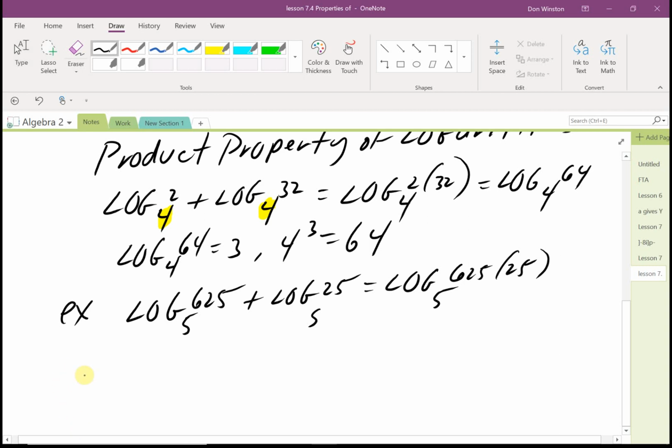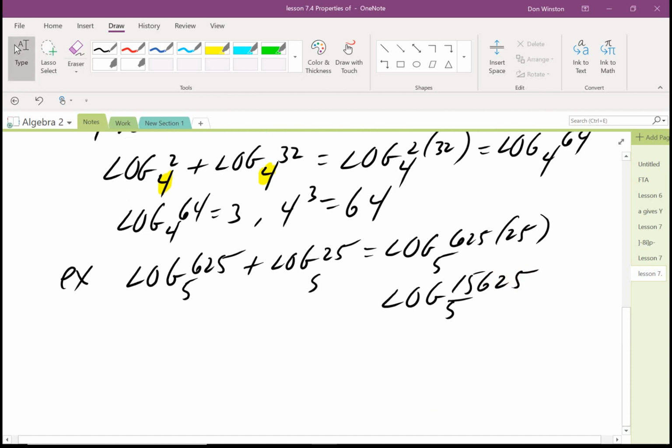And 625 times 25 would equal log base 5 of 15625. Now, I would know that right offhand, but I'll take a shortcut here. Rather than evaluating that, I'll just go ahead and evaluate each of these. Okay, because that will be just a little different.